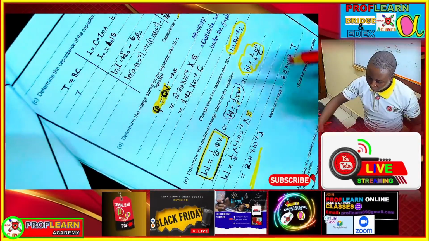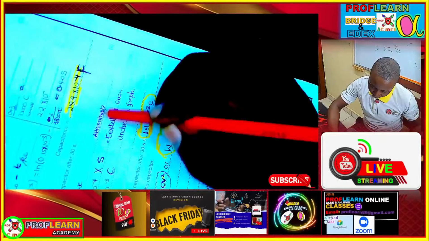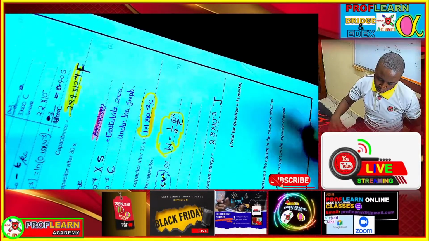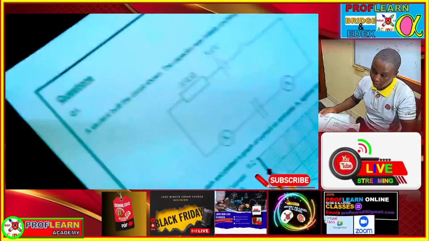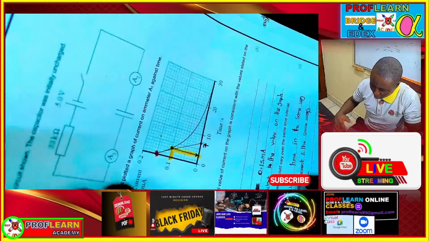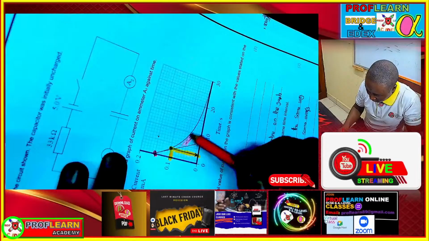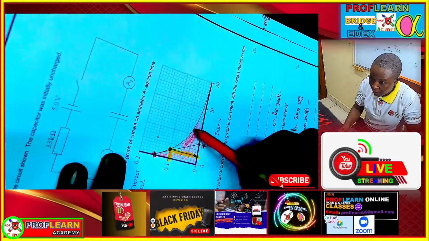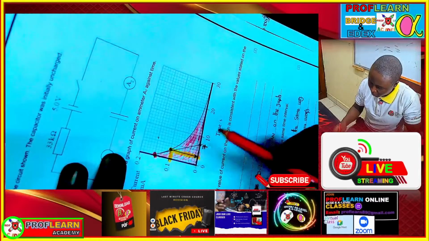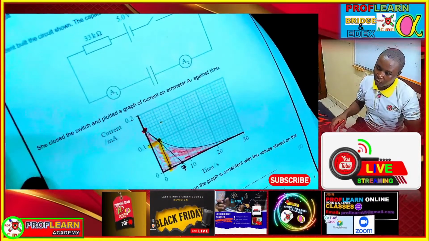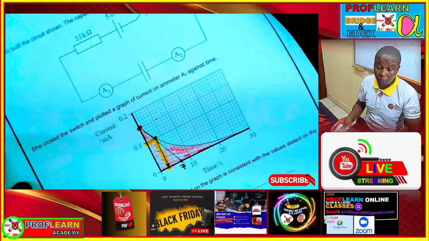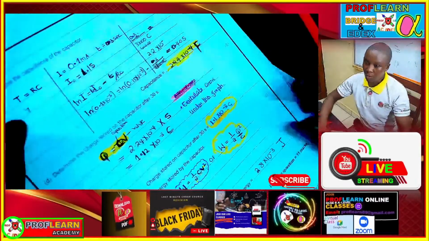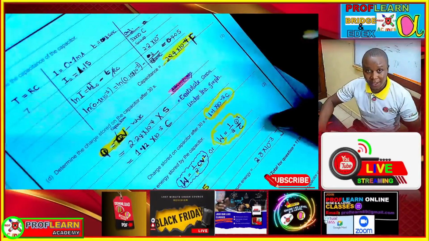Alternatively, whenever you have a question like this, if you manage to work out the area under this graph, you'll be able to work out the amount of charge stored. So those are a few things that you must master in order to maximize your marks in this particular paper 4.